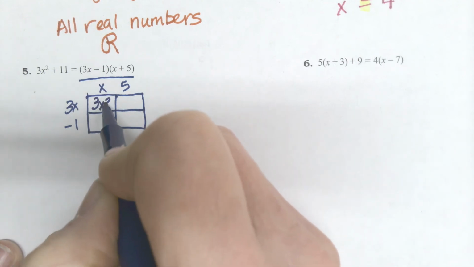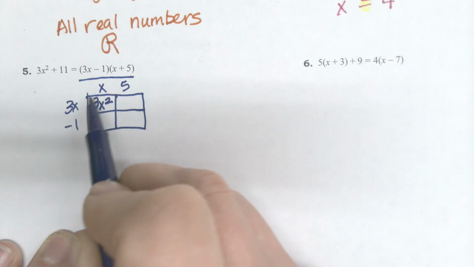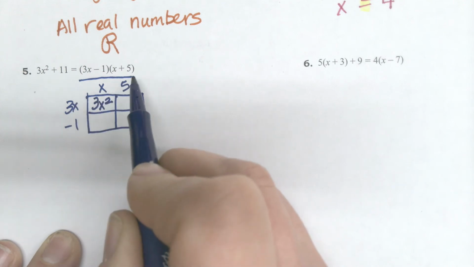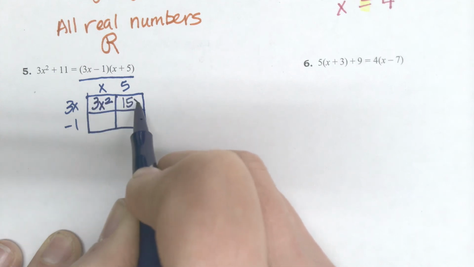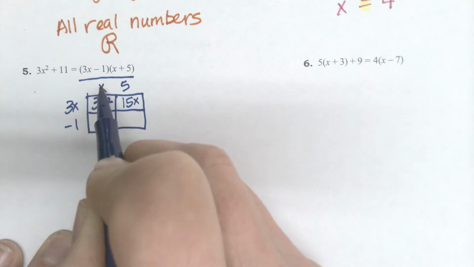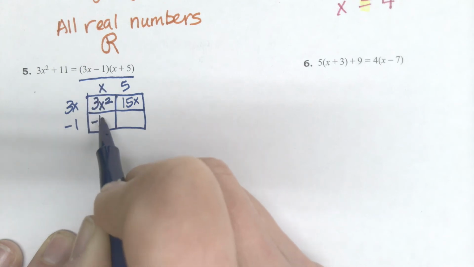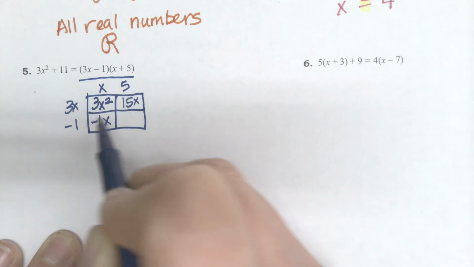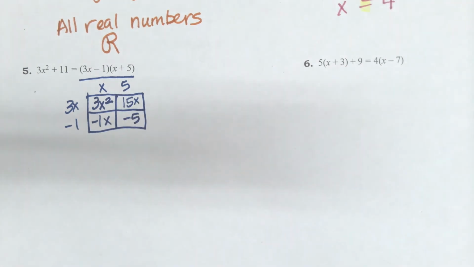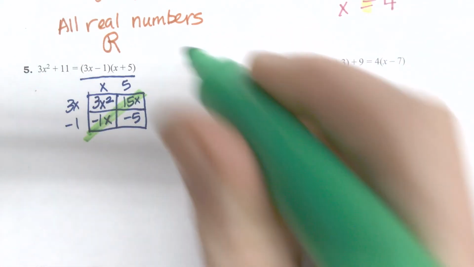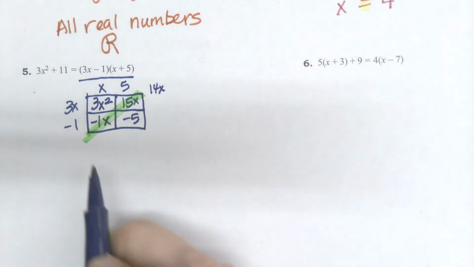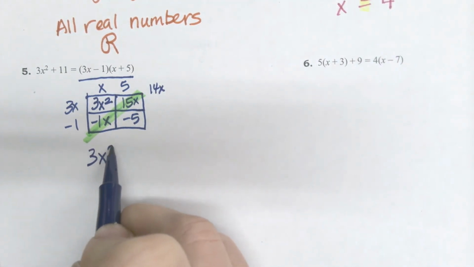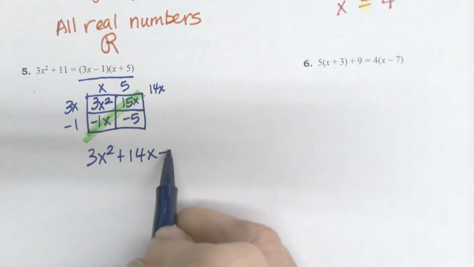That's 3x squared. What's 3x times 5? 15x. Negative 1 times x is negative 1x. Negative 1 times 5 is negative 5. Then I look on the diagonal, and that's negative 1 plus 15, which is 14x. So when I rewrite this one, it's 3x squared plus 14x minus 5.